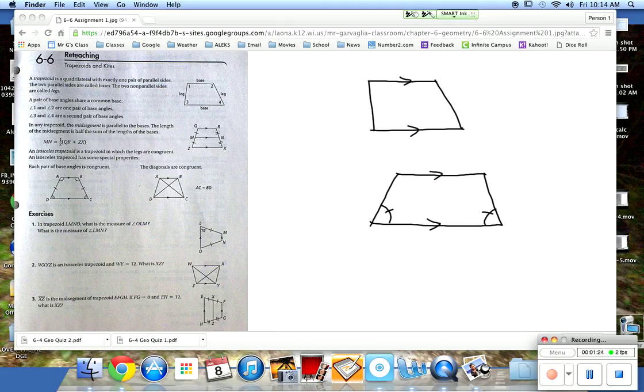That's called an isosceles trapezoid. There's a difference between these two. When these angles are equal, and by the way, these angles here would then be equal, and these lines are parallel, we've got an isosceles trapezoid.